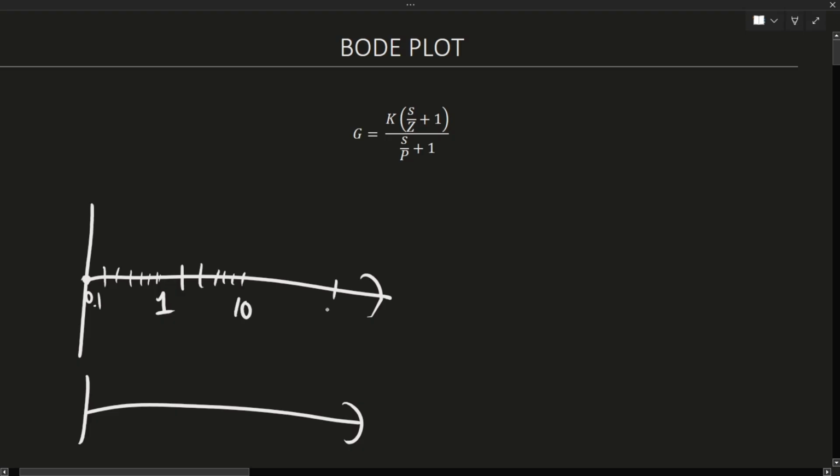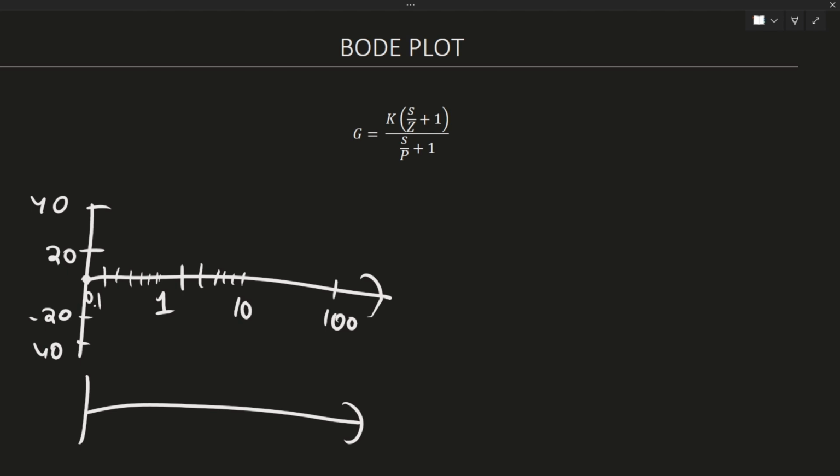I go up until 100 for the magnitude, and 20 and 40, -20, -40. For me, I didn't really need to go beyond these, but if you have a specific case where you have to go beyond these to construct the Bode plot, you can. I just find it way simpler.